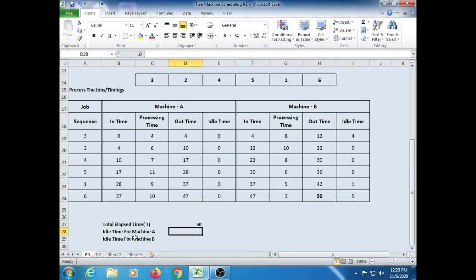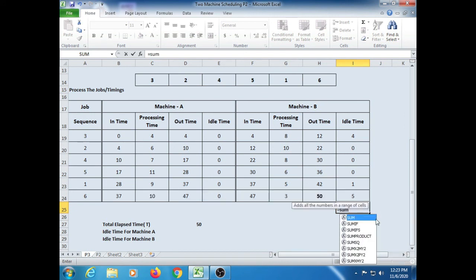And the idle time for machine A and machine B we have to calculate. Directly we can calculate the idle time for machine B. Simply we add all these idle times and we will get the idle time for machine B, that is 10.